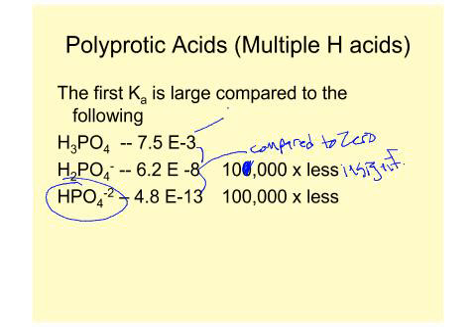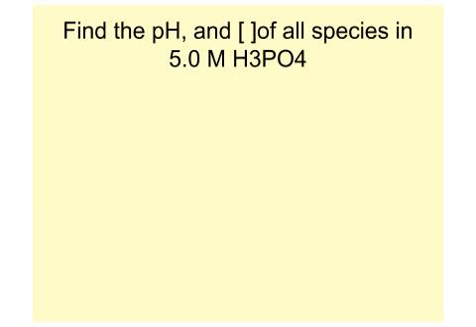But if you're talking about something being 5 powers of 10 less, like the H's that you add, this will add 100,000 times less H's. So let's pretend this adds 1 H positive. Well, this would add 100,000th of an H. And this would add 100,000th of 100,000th of an H. So the ones don't matter much.